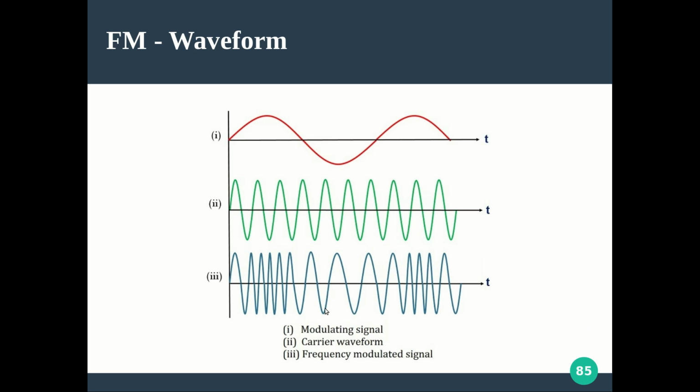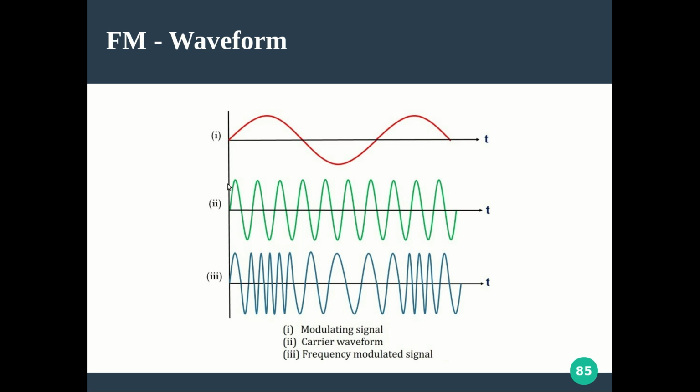So the typical waveform of frequency modulation: this is our original information, the modulating signal which is to be modulated, and this is the carrier with a constant amplitude, frequency and phase. Now we are going to change the frequency of the carrier as per the varying amplitude of the original information which is to be modulated.